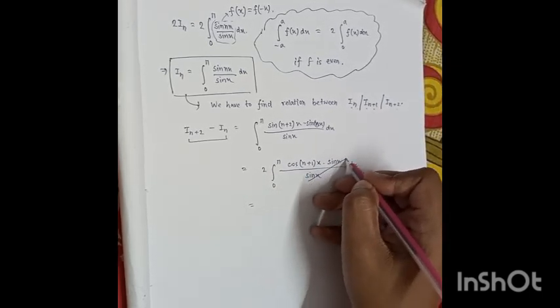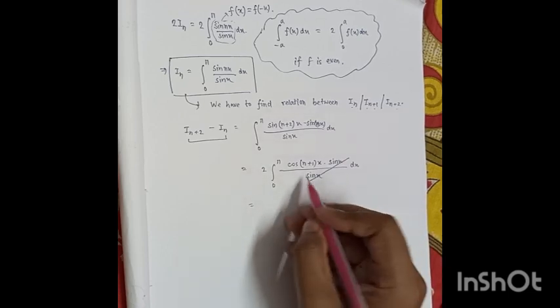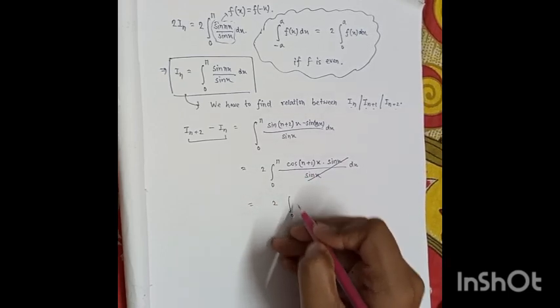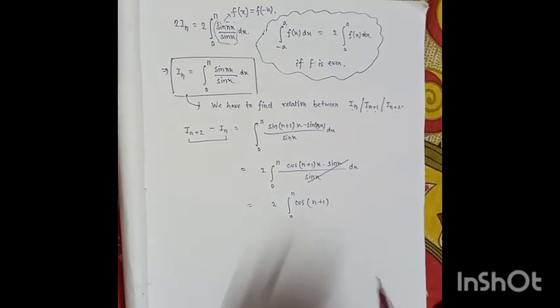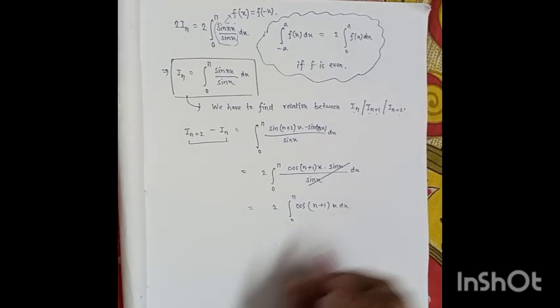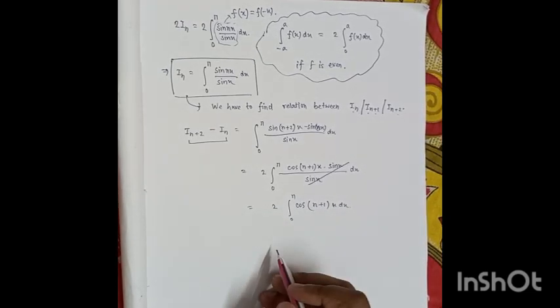Now this will cancel each other. So we are basically left with the integral of cos of n plus 1 x dx from 0 to pi.